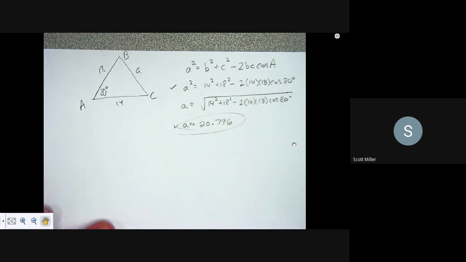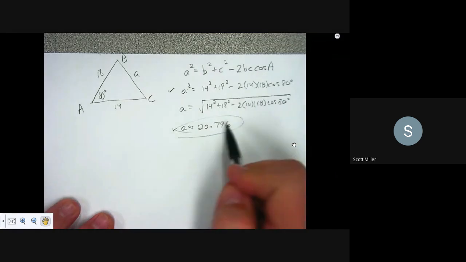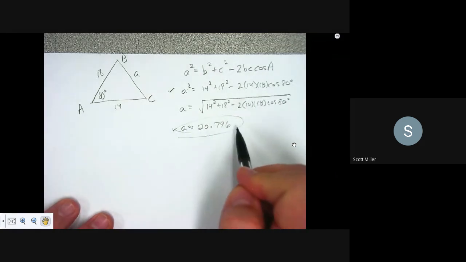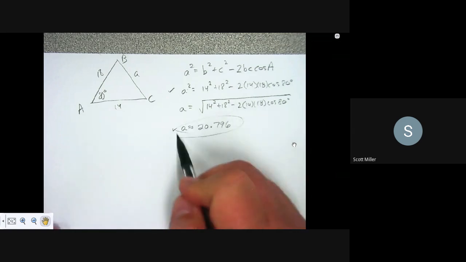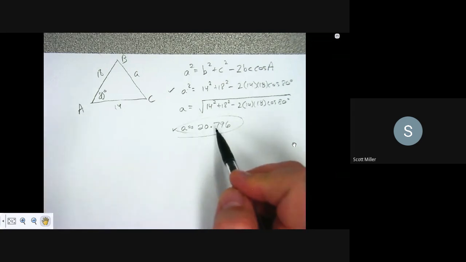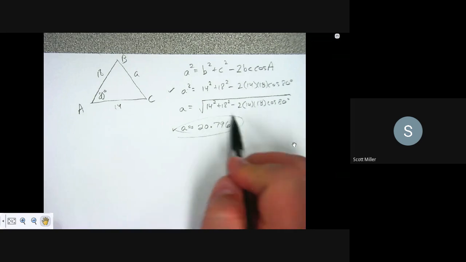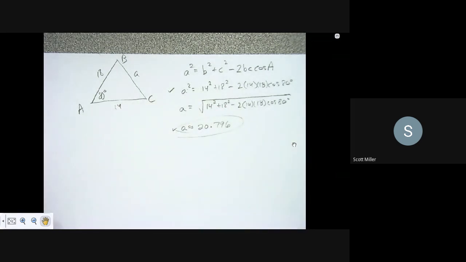Now, we need to continue. But you need to remember that when I continue to find these missing angles, I'm going to have to use this value. So I am using a found value, and this value has been rounded off. You may use this rounded off value, and I will accept all answers as correct if you use it, but you need to be aware that by using this rounded answer in later work, you are introducing a rounding error into your other answers.